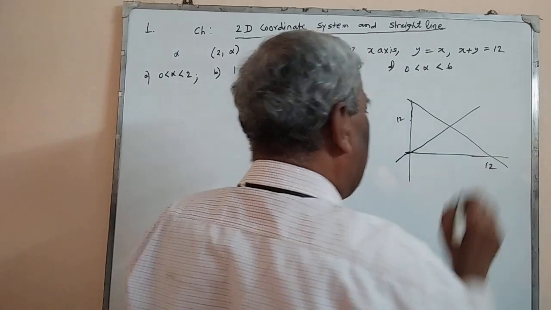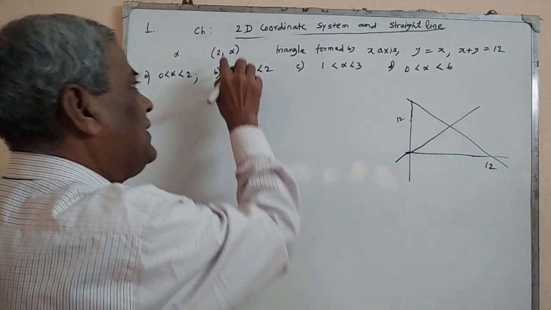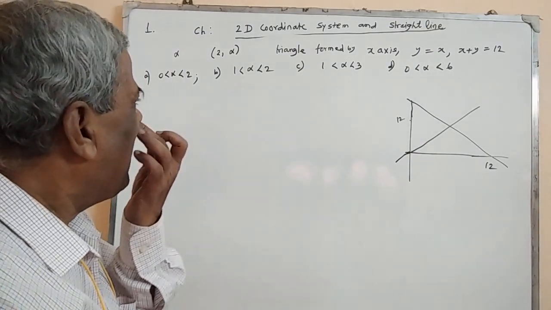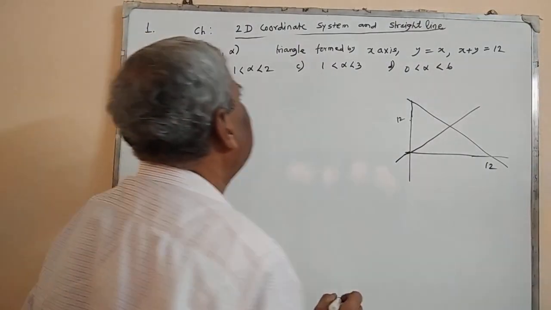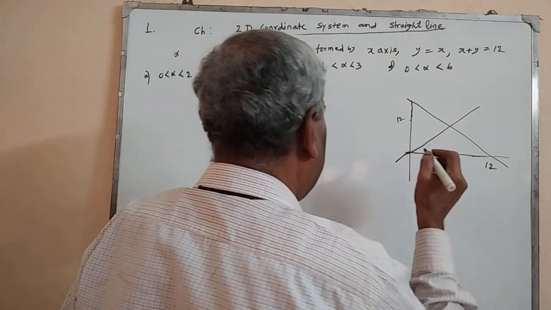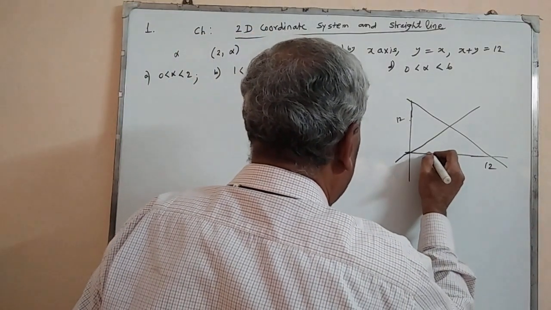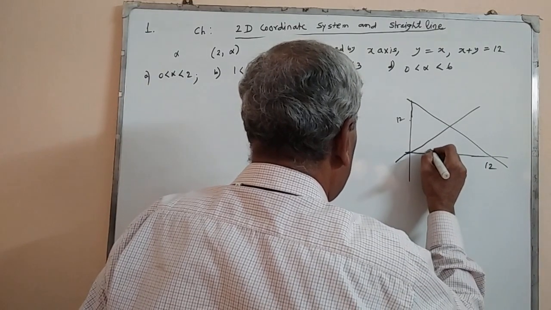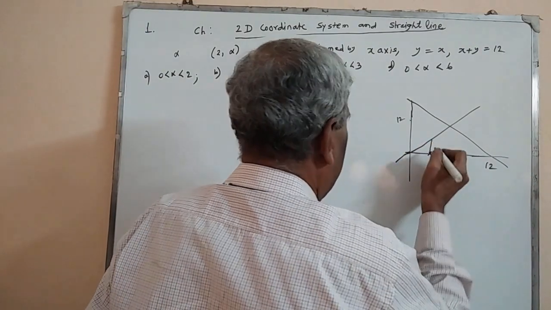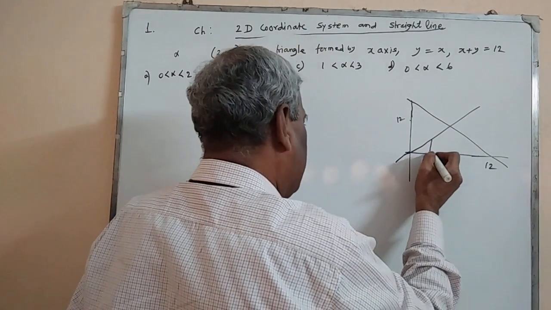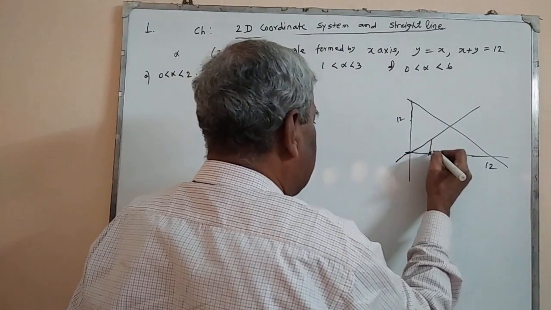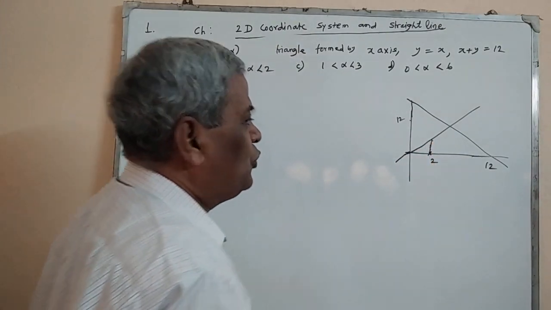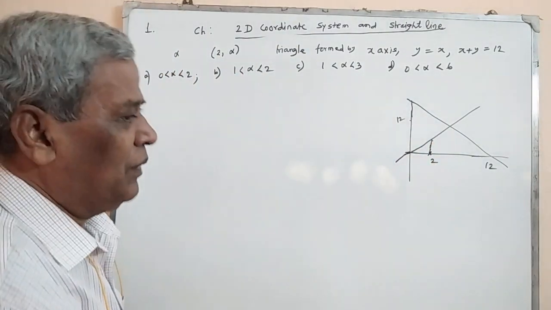So within that triangle, the point must lie. Then what is the range of alpha? It is clear that the point lies on that straight line. Then what would be alpha? This is the problem.